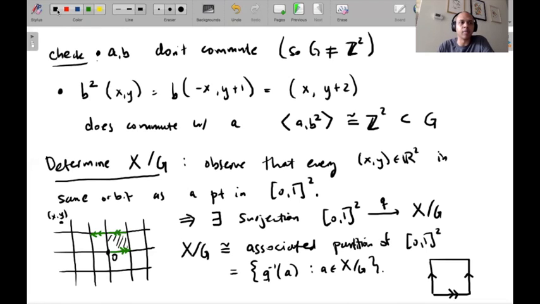So the bottom edge and the top edge get identified by a reflection. And so we conclude that X mod G is topologically equivalent to the space where we take the cube and identify the sides like this, which is exactly the Klein bottle.